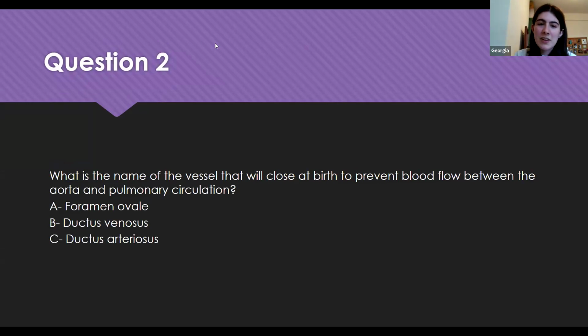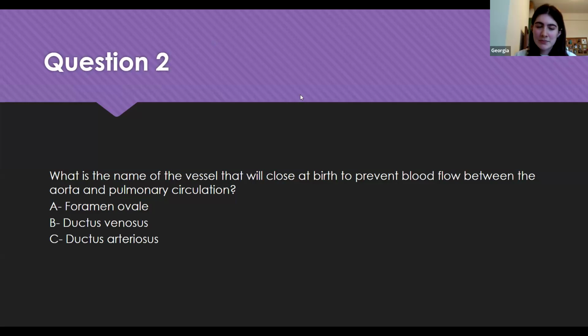Almost. So the answer is C, that's right. So the foramen ovale A, which was close, allows flow between the left and the right atrium, but it's also to bypass the pulmonary circulation, whereas it's the ductus arteriosus that connects the pulmonary artery and the aorta to bypass the pulmonary circulation.